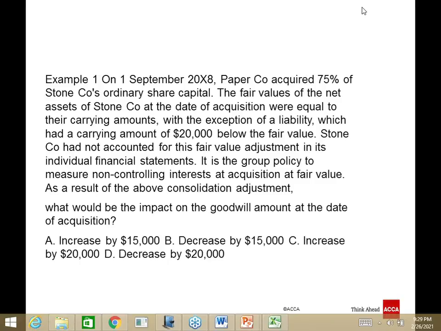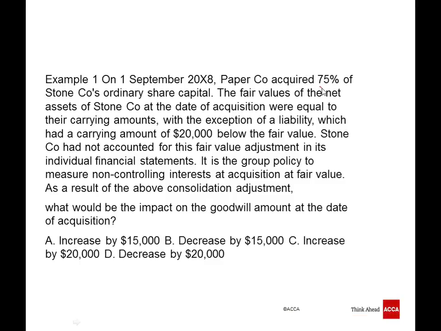On 1st 2008, Paper company acquired 75% shares of Stone company's ordinary share capital. The fair value of the net assets of Stone company at the date of acquisition were equal to the carrying amount with the exception of a liability. Now remember this point, it's a liability which had a carrying amount of 20,000 below its fair value.